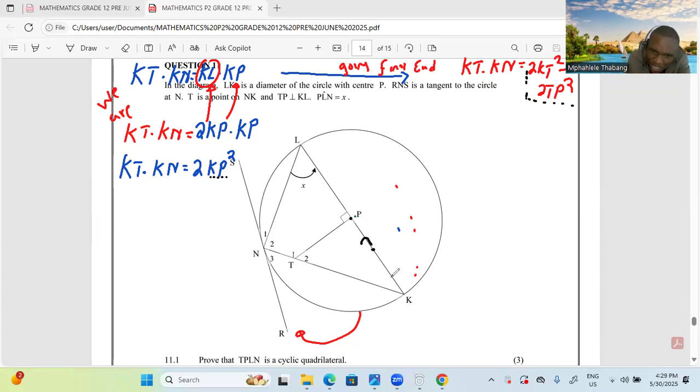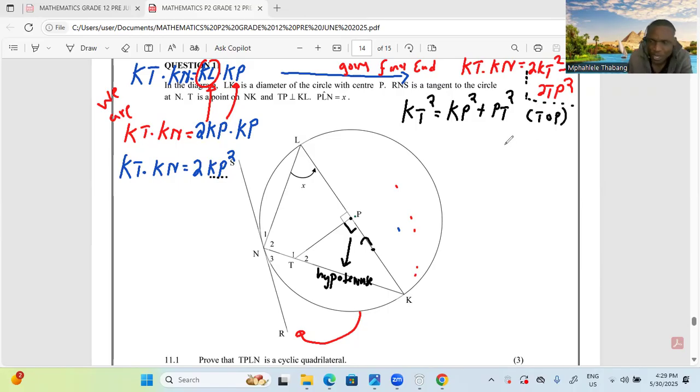I have to notice that the triangle KPL is a right angle triangle, and this side is my hypotenuse, the side which is opposite to 90 degrees, or the longest side on a right angle triangle. So we know that hypotenuse squared equals the sum of the other sides squared. So it's KP squared plus PT squared from the theorem of Pythagoras.